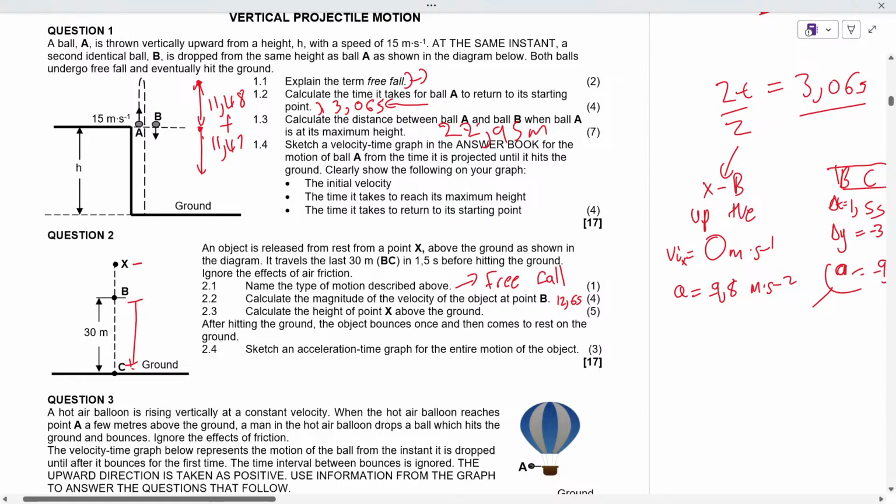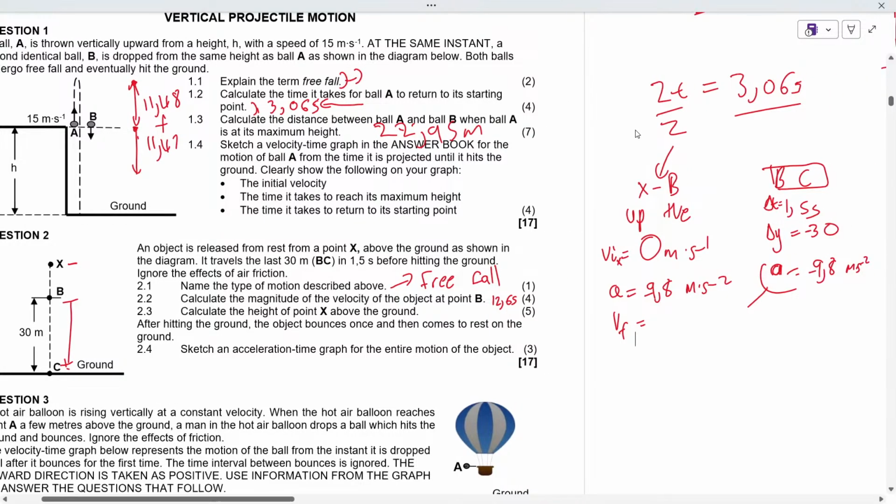If we come here at X and B, we have the V final of X and B now, which is 12.65.